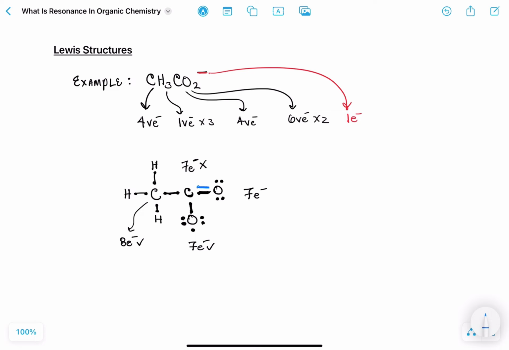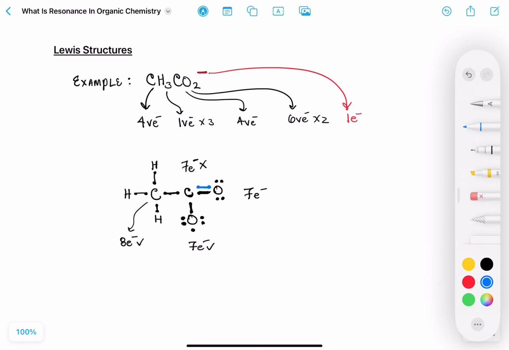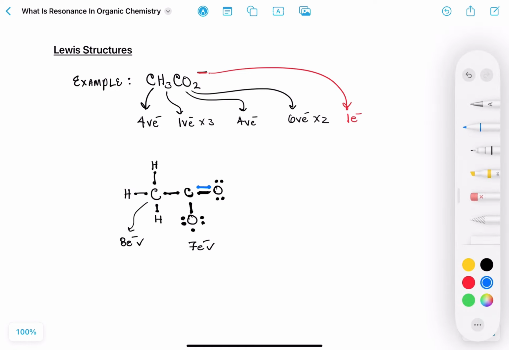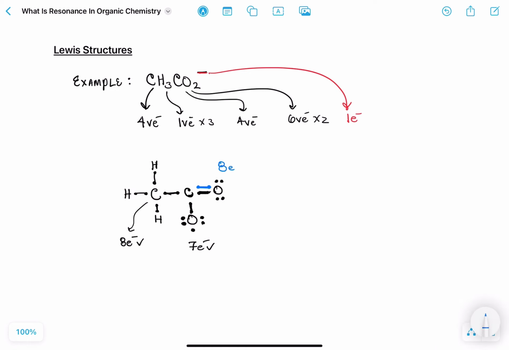But I put those 2 electrons that were on the carbon and the oxygen respectively in this bond. Now, if I go ahead and erase the counts and recount, I'll have essentially 8 electrons on this oxygen and 8 electrons on this carbon. So those are happy atoms now because they've each achieved their octet.